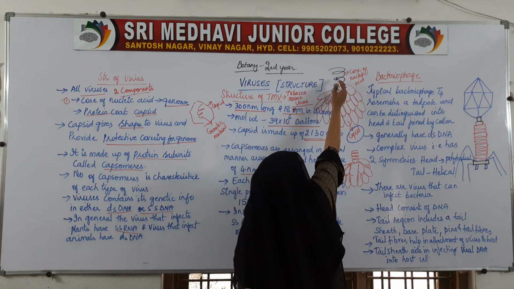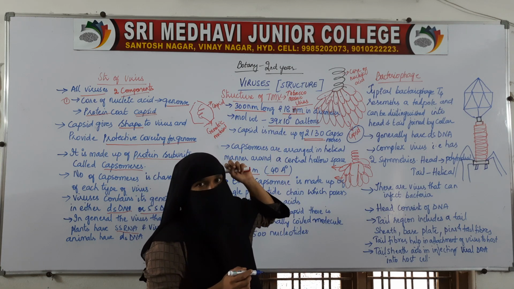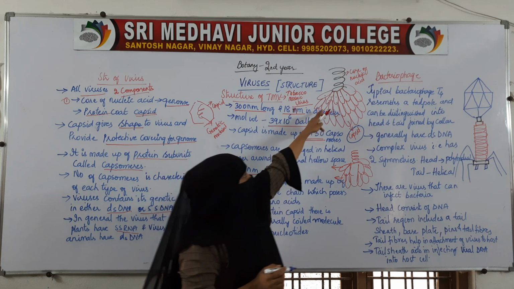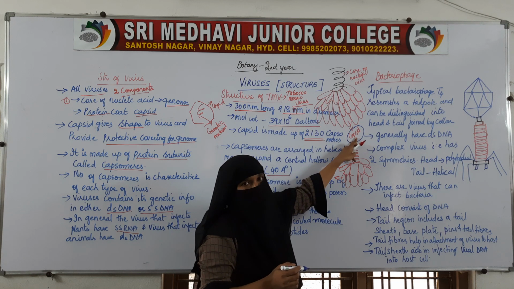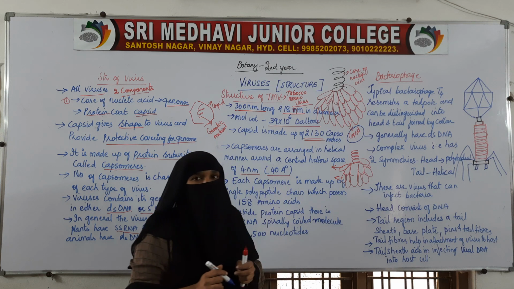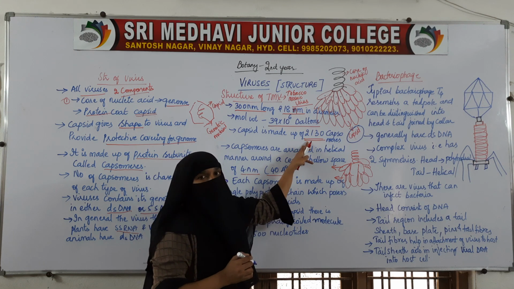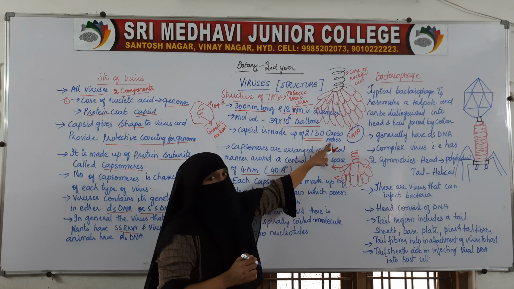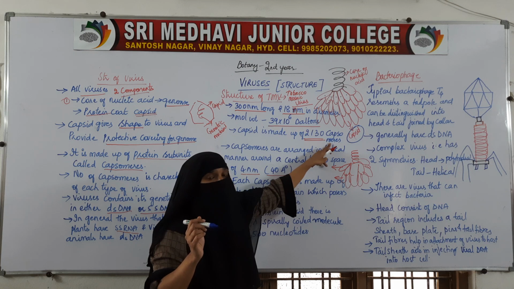This is the genome, that is the core of nucleic acid, and around the nucleic acid a protein coat is present, that is called the capsid. So this is the structure of tobacco mosaic virus. So how many capsomeres do they have? 2130 capsomeres. I said capsomeres are the unique characteristic of each virus.